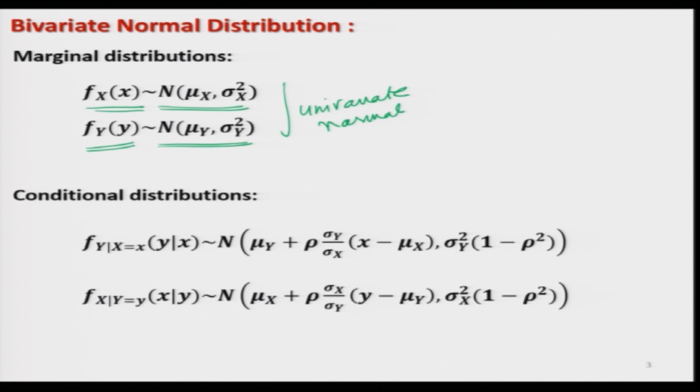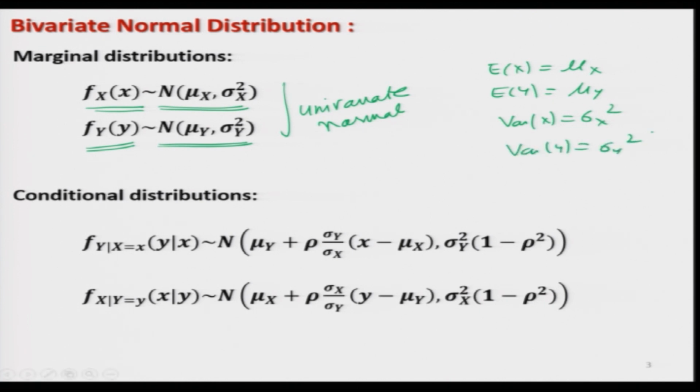And if you try to find out the expected value of x, this will come out to be mu x, and the expected value of y will come out to be mu y. Similarly, the variance of x will come out to be sigma x square, and the variance of y will come out to be sigma y square.